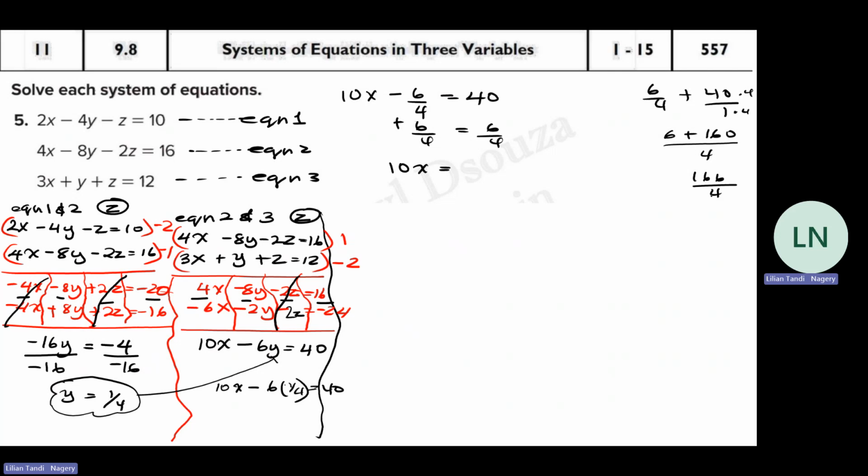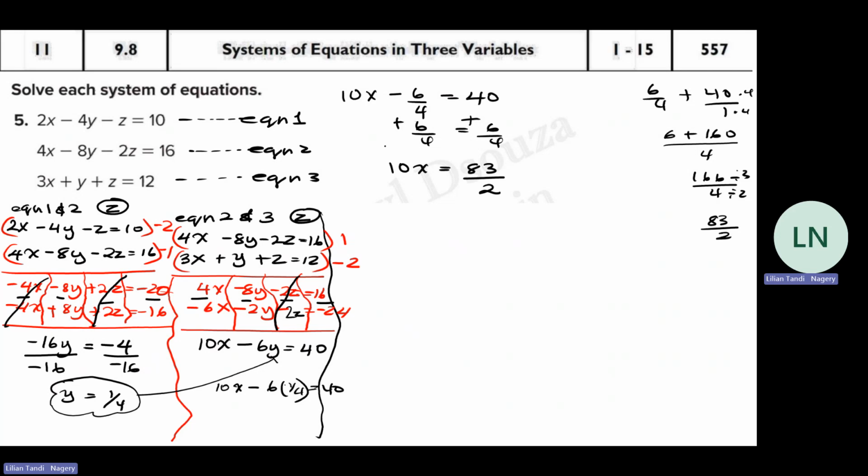If you simplify, divide by 2, divide by 2, you should get 83 over 2. So this will be here 83 over 2.